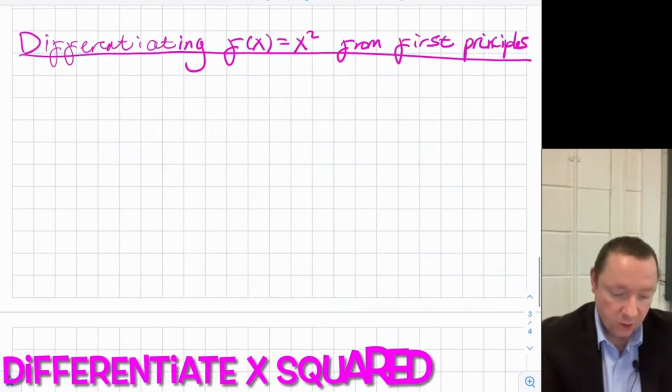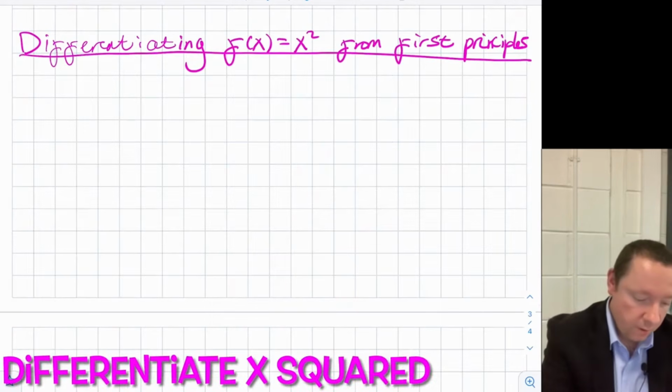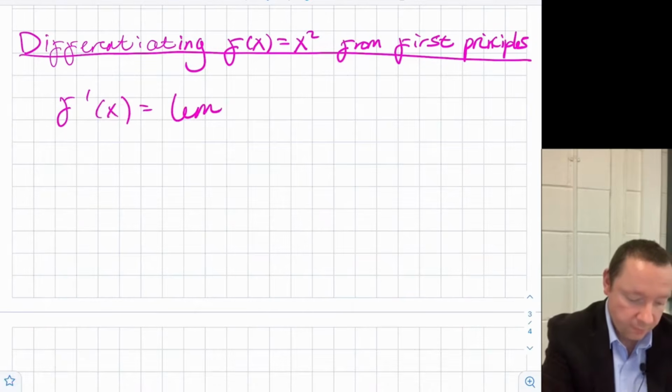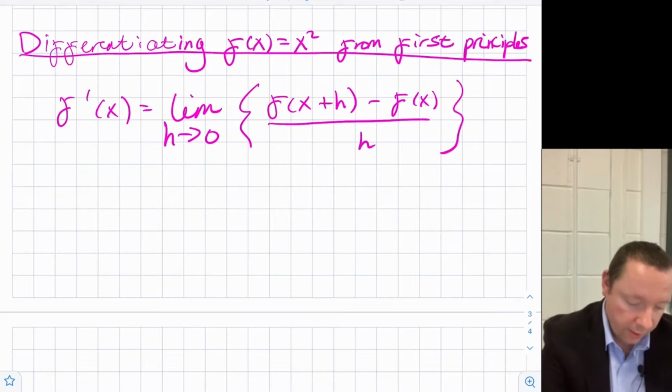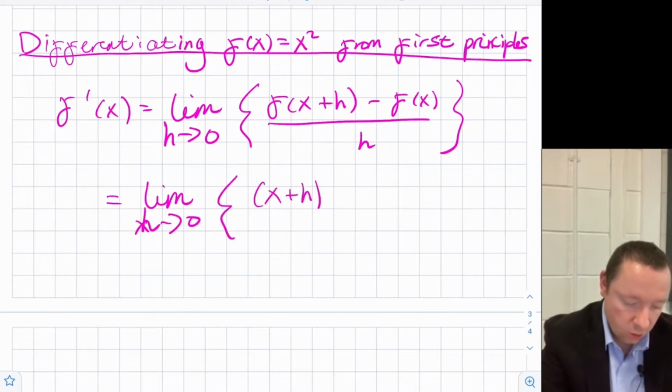So differentiating x squared from first principles, then f dash x, remember, is just going to be the limit as h goes to 0 of f of x plus h minus f of x all over h. So plugging in our actual function, which is x squared, we get x plus h squared minus x squared over h.